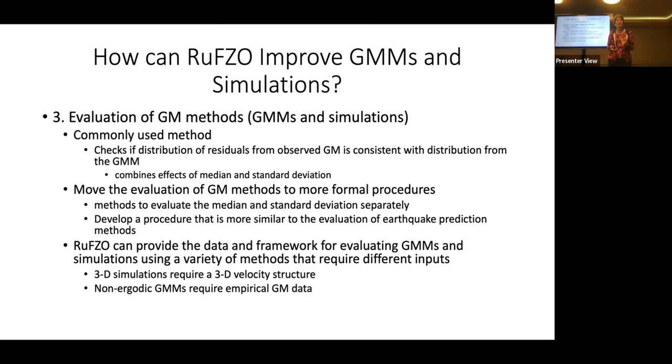And we can use the data from RuFZO and indeed its framework to evaluate ground motion models and simulations using a whole variety of methods that require different inputs. To do that, we're going to need three-dimensional velocity structures for simulation models. And we're going to need non-ergodic ground motion models that are going to require empirical data. And for those methods to work, we're going to need the more detailed data that RuFZO can provide.